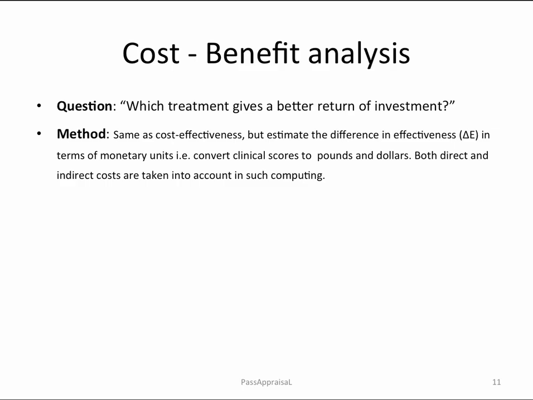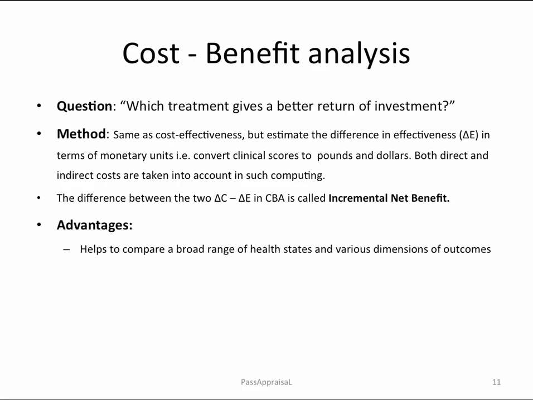Both direct and indirect costs are taken into account when you do such computations. When you do a cost-benefit analysis, you present the final result using the difference between delta E and delta C. This difference is called incremental net benefit. So instead of using ICER, in a cost-benefit analysis, you would use INB, incremental net benefit.